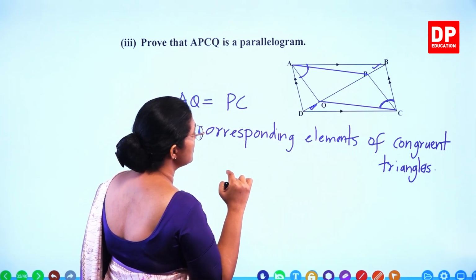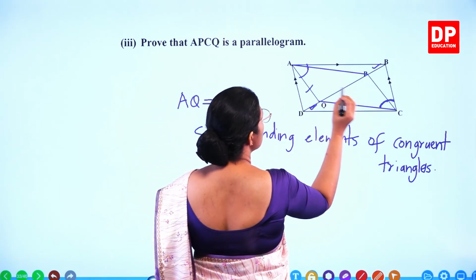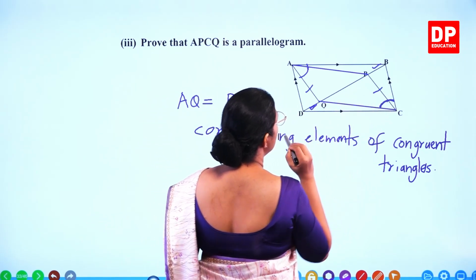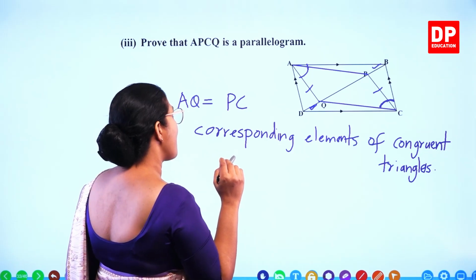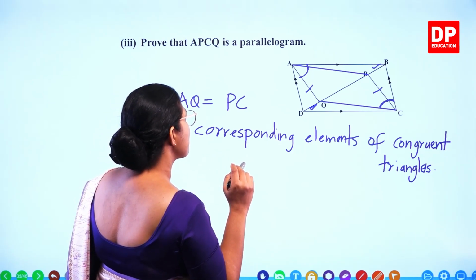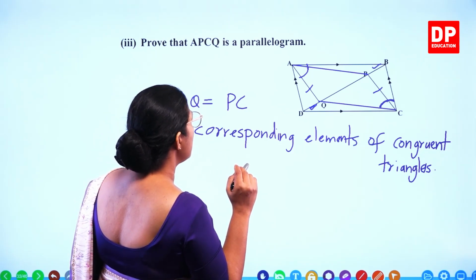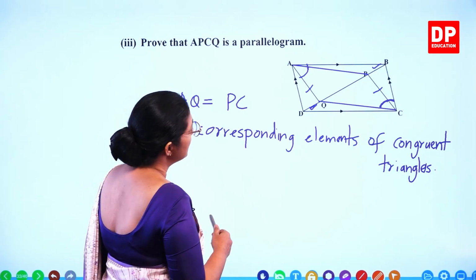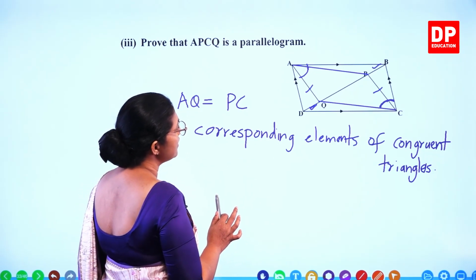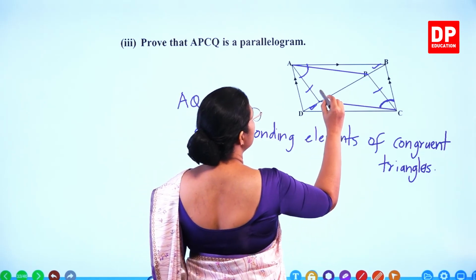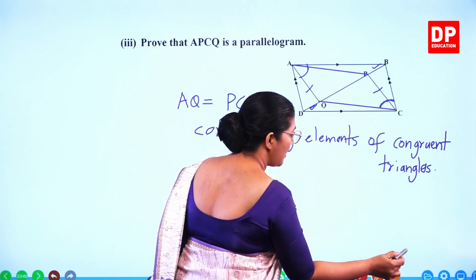And what else do we know? These 2 sides are equal because of the triangle. And then what are the other things that we can say? Also here, this angle, I'll take another color.